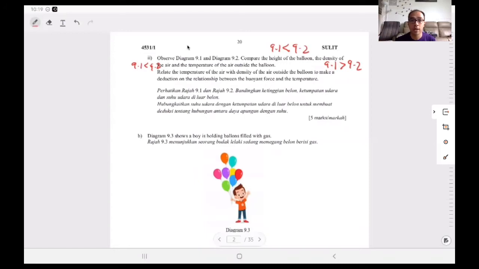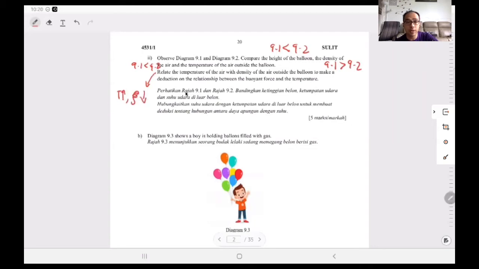Then after that, the same thing. After you compare, you relate the temperature of the air with the density of the air. The higher the temperature of the air, the lower the density of the air. So the temperature is high, the density is low.